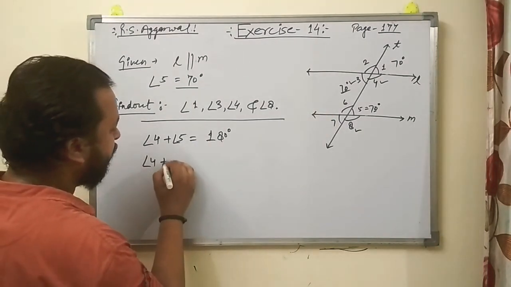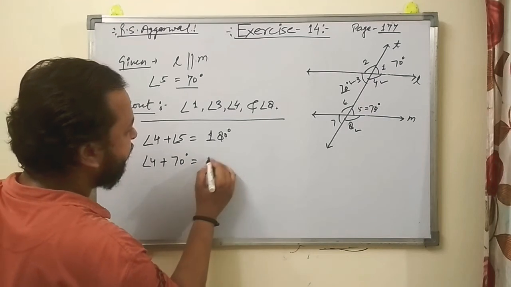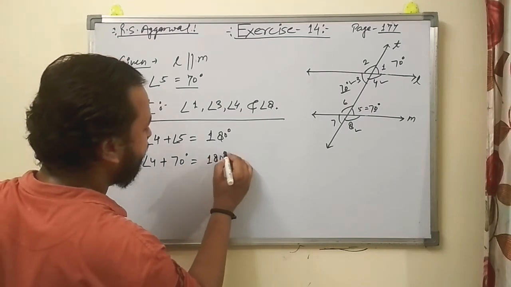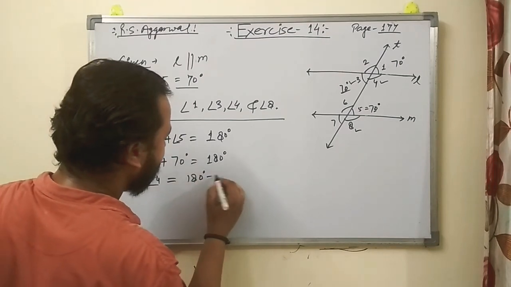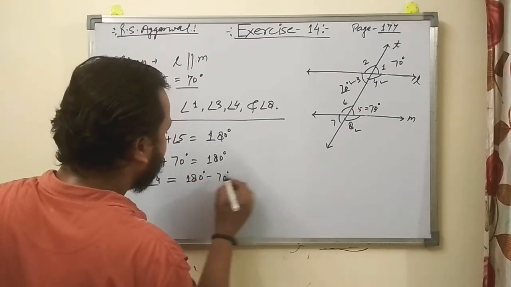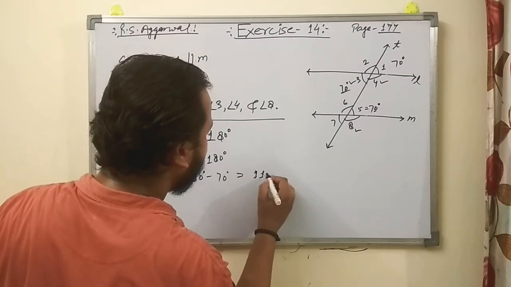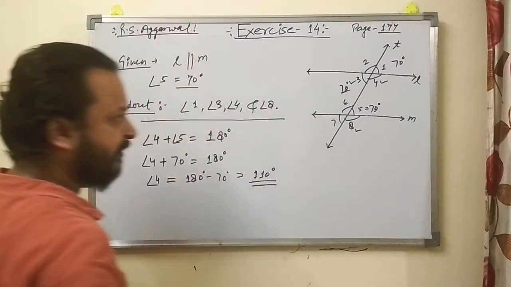Angle 4 you have to find out. Angle 5 is given as 70 degrees, that equals 180 degrees. Therefore angle 4 is equal to 180 degrees minus 70 degrees, that equals 110 degrees.